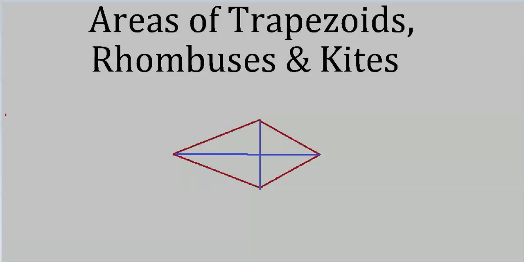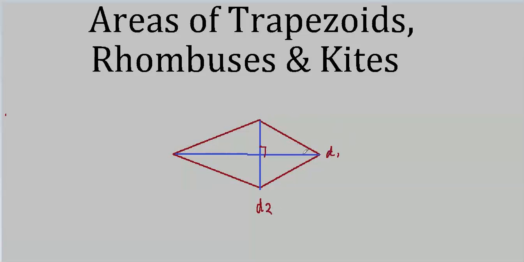Now here we have a kite, and we're going to do the same thing. Let's say this is D1, and this is D2. Once again, the diagonals intersect. It's perpendicular, but they're not bisectors of each other.